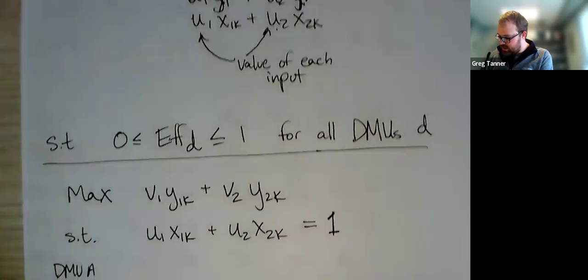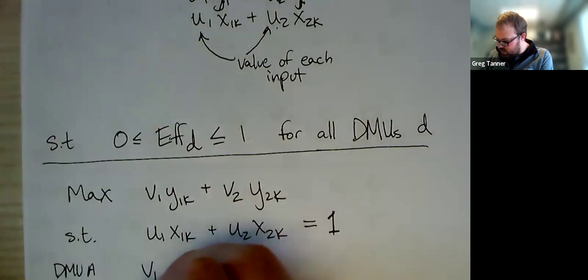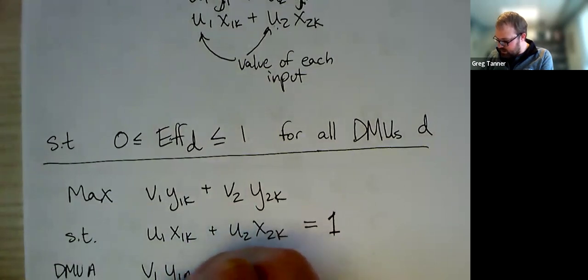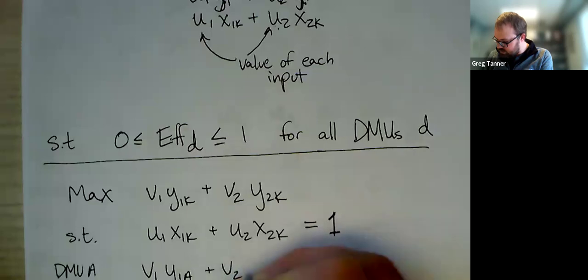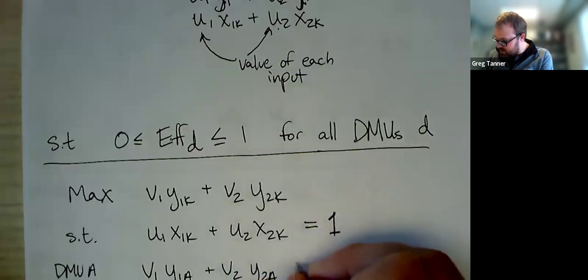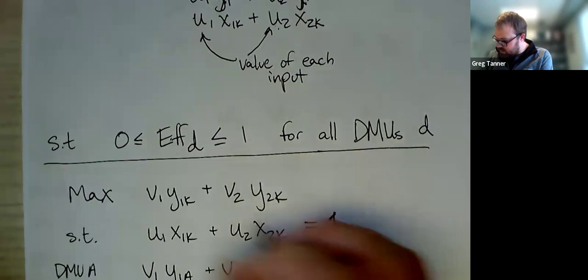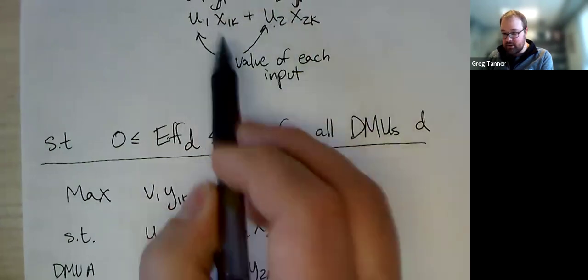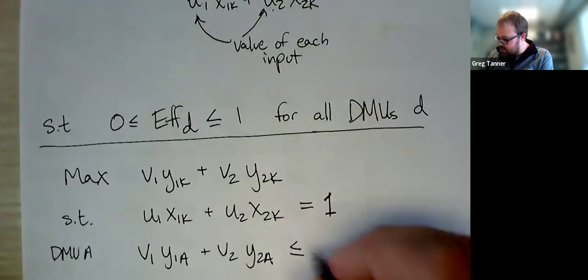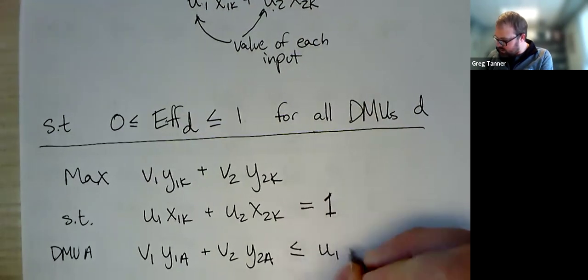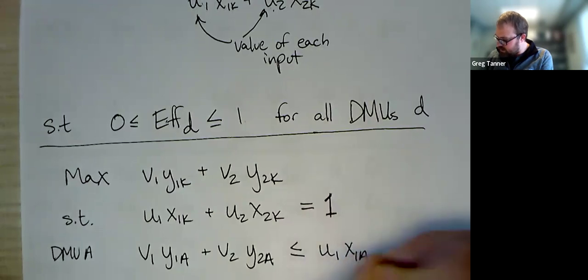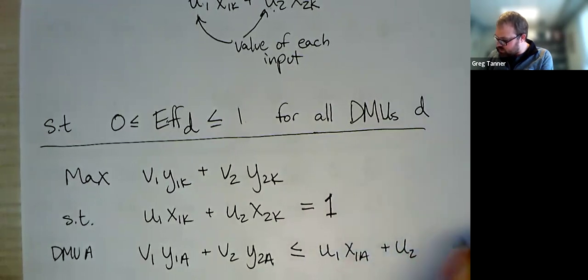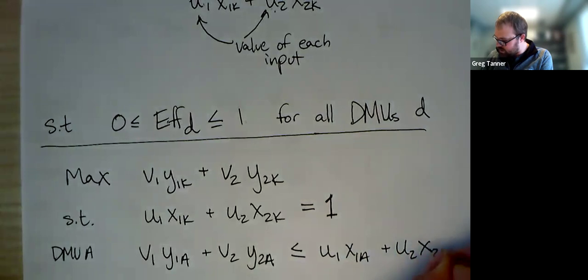And so then it looks like V1 times Y1A plus V2 times Y2A has to be less than or equal to the denominator of the fraction, now over on the other side. And so then that's U1 X1A plus U2 X2A.